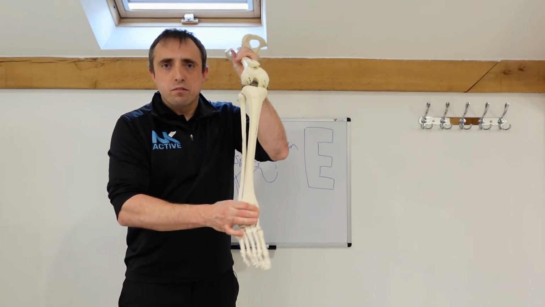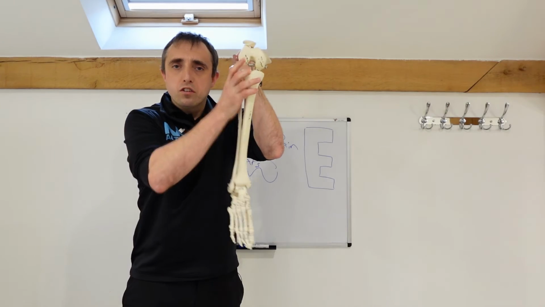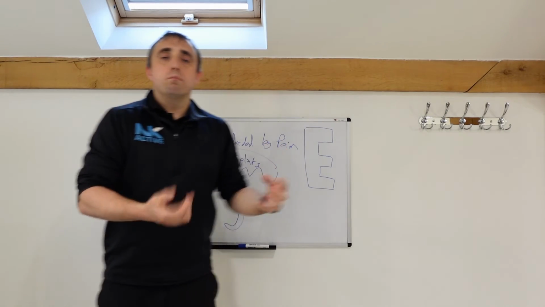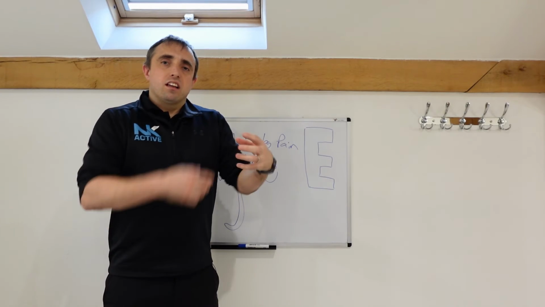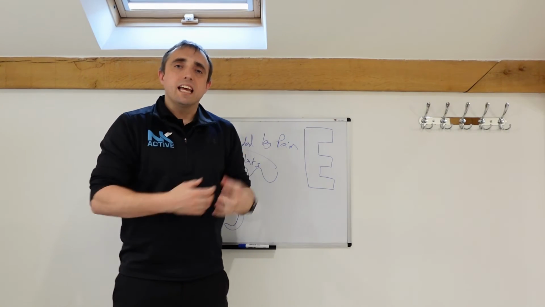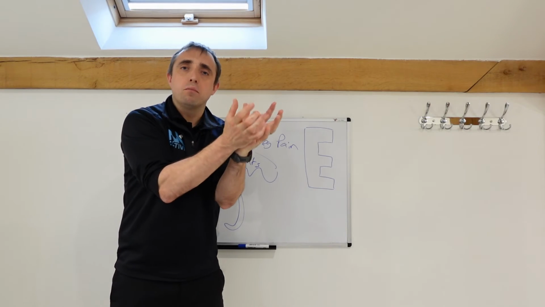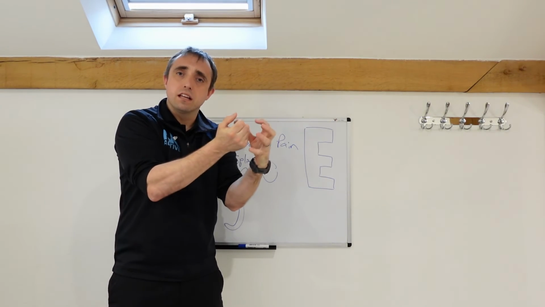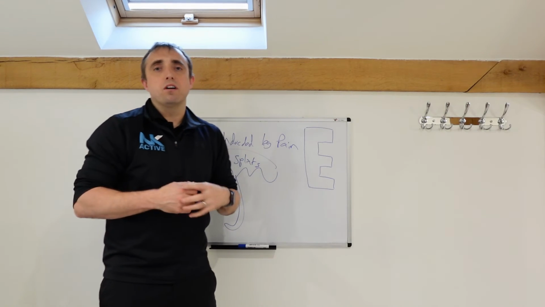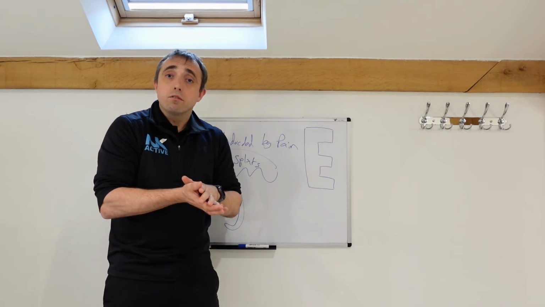One of the other common types, we don't actually need this anymore because it's not bony. There is something called chronic exertional compartment syndrome. What that basically means is that around your leg you've got this fascia, a compartment of muscles contained within it, and the pressure within that compartment builds up too much and it's uncomfortable.